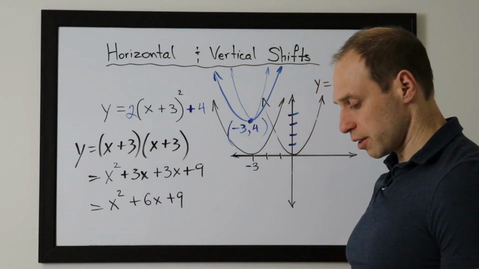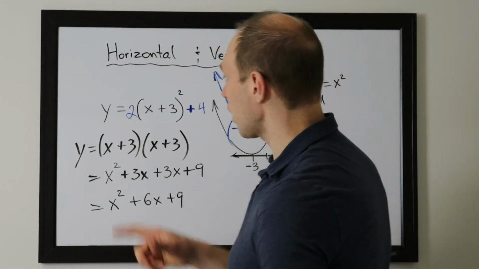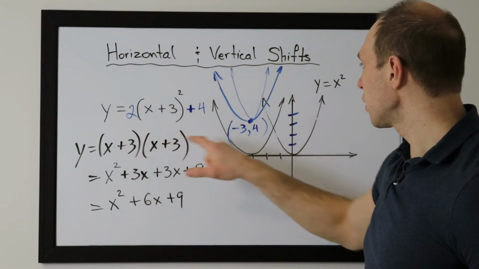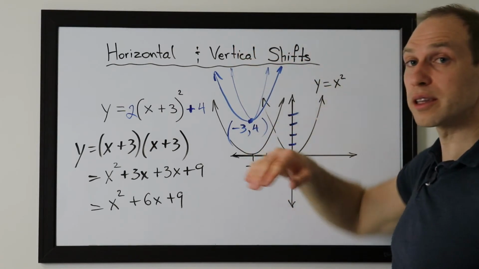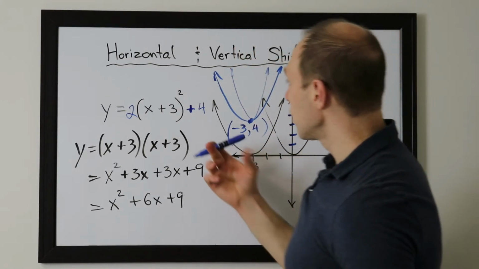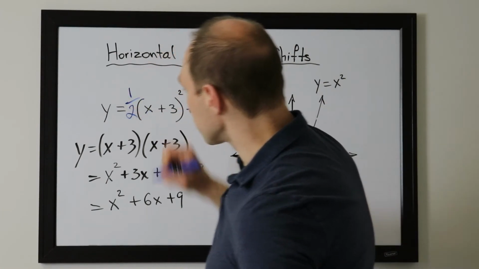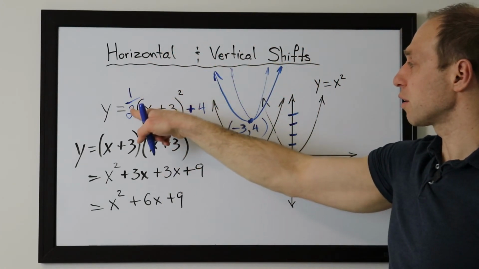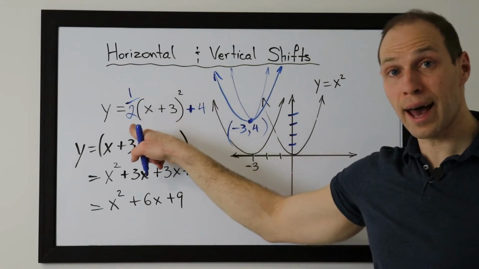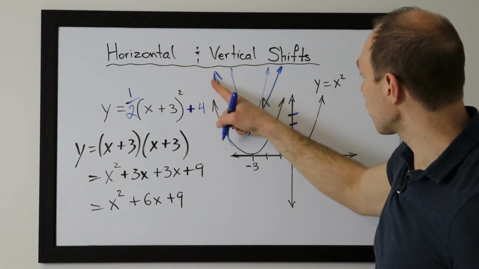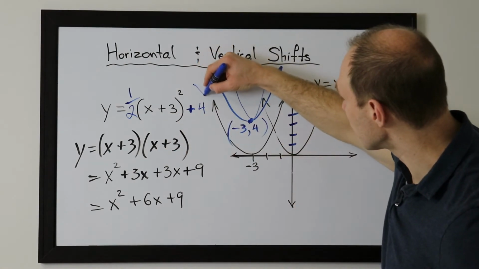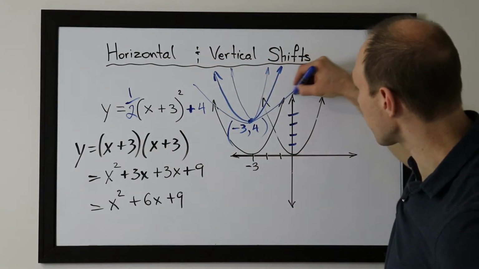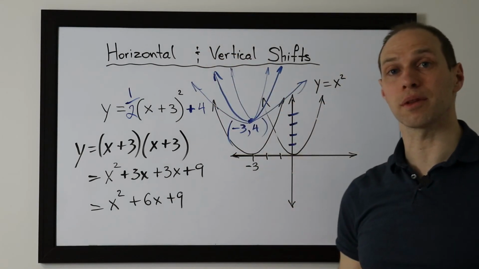If it had a negative number, I'm not going to write it in, but if it did, it would look the same, but it would flip down. Now, if I made it into a fraction, and instead of making it a 2, I made it into a half, so this was our original parabola, that half would make it even wider. And the parabola would actually look something like this.